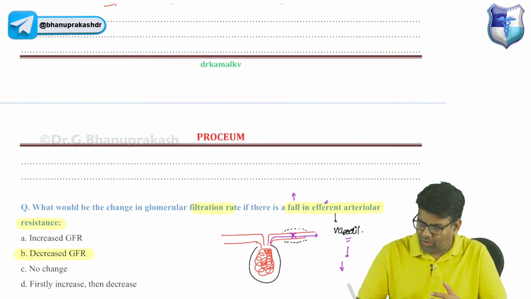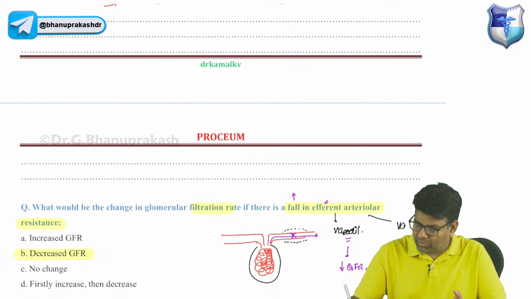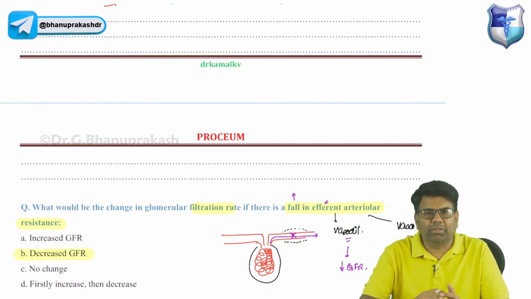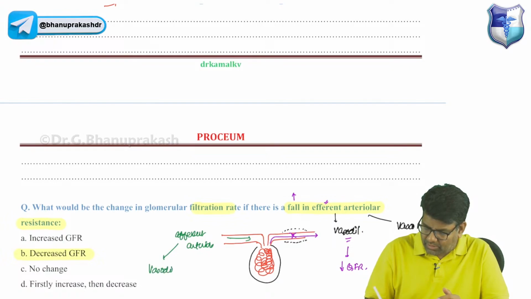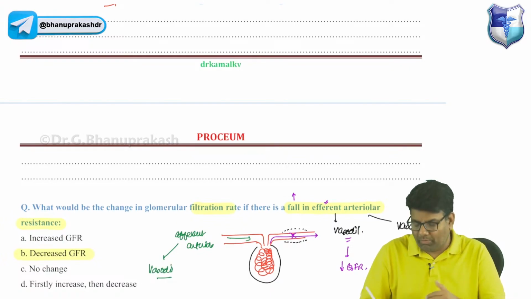So efferent vasodilation, fall in GFR; efferent vasoconstriction will lead to increase in GFR. Now reverse the parameters for the afferent arteriole. Right? So in the afferent arteriole, if there is vasodilation, it means there will be more blood, so this will increase GFR.